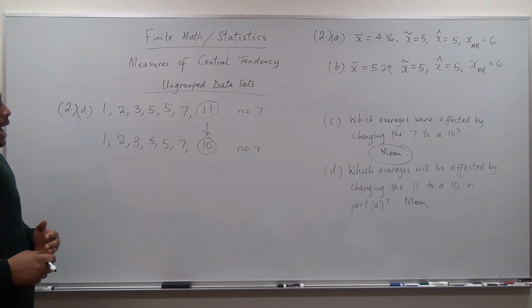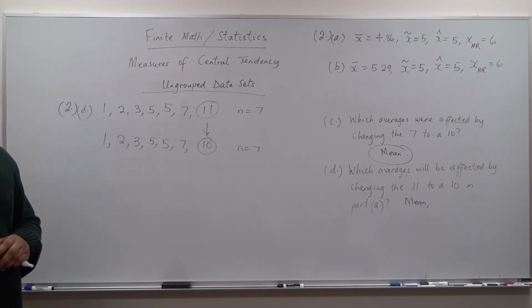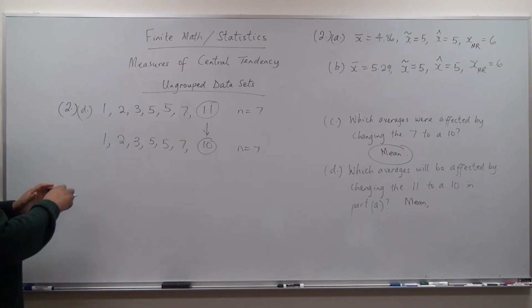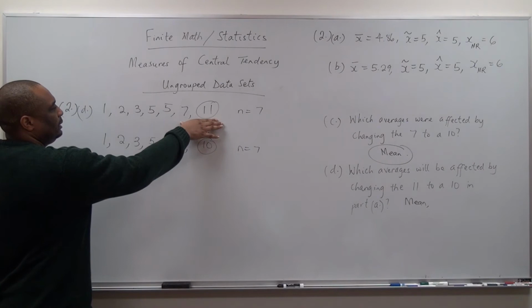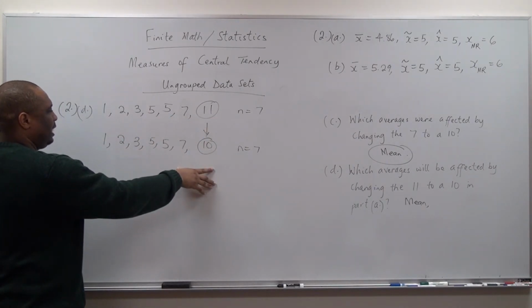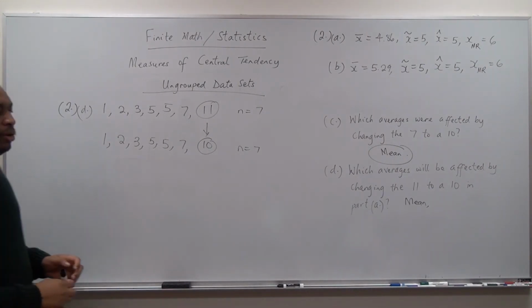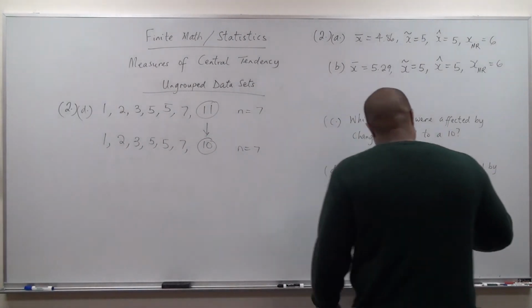Right? And the mid-range is going to be affected, because here the mid-range is 6, but here the mid-range will be 5.5. 11 divided by 2 is 5.5. So we have the mean and the mid-range.